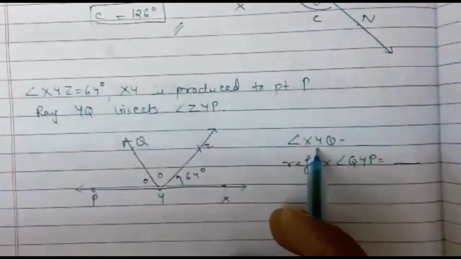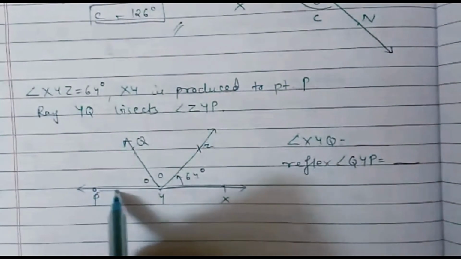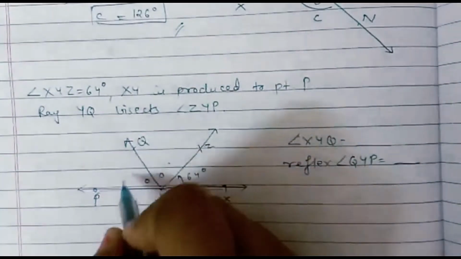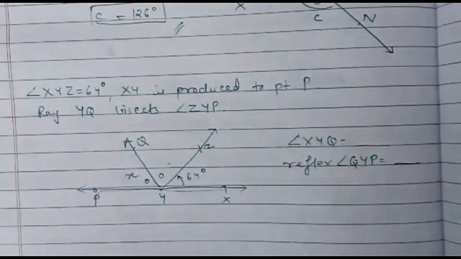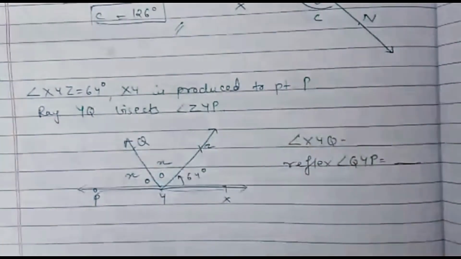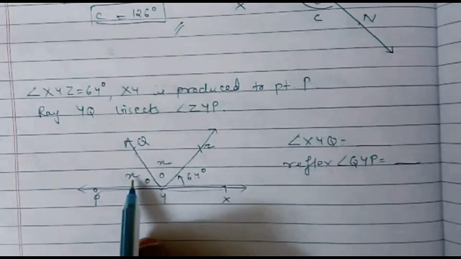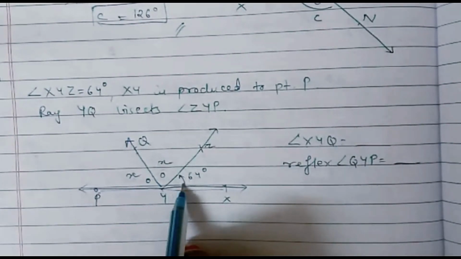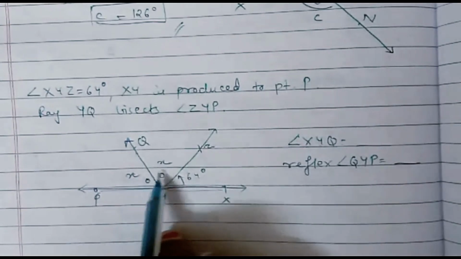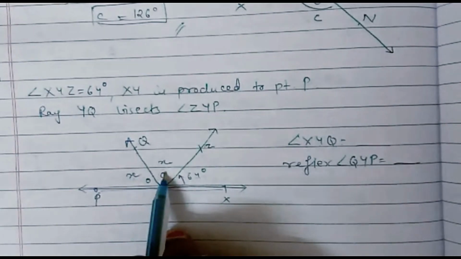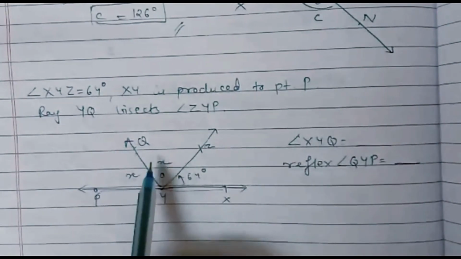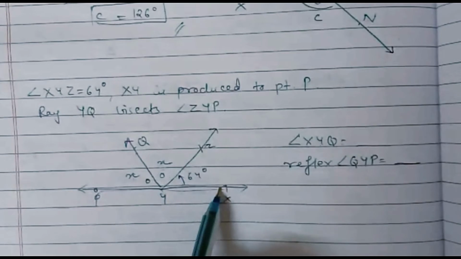Now here first of all, to understand, it is forming a straight line, so addition of all these three angles will be 180. Let me suppose angle QYP to be X, so angle QYZ also will be X. So addition of X plus 64 will be 180. So we will be able to find out the value of X first. Once we get the value of X, we can add X and 64 to get measure of angle XYQ.